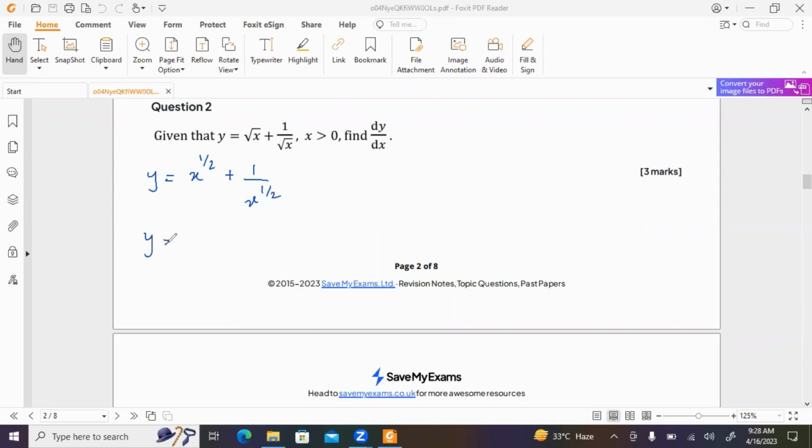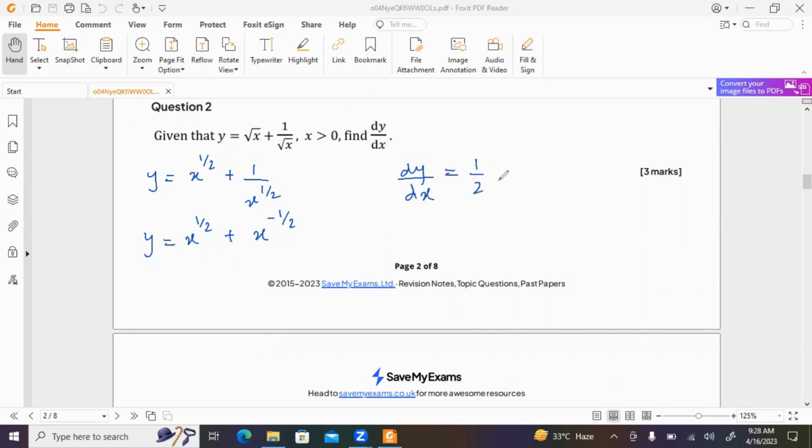Then you break the fraction and bring the variable into the numerator, so now we have a negative power. 1 over the square root of x is basically the same as x to the power of negative 1 over 2. Now we differentiate this.